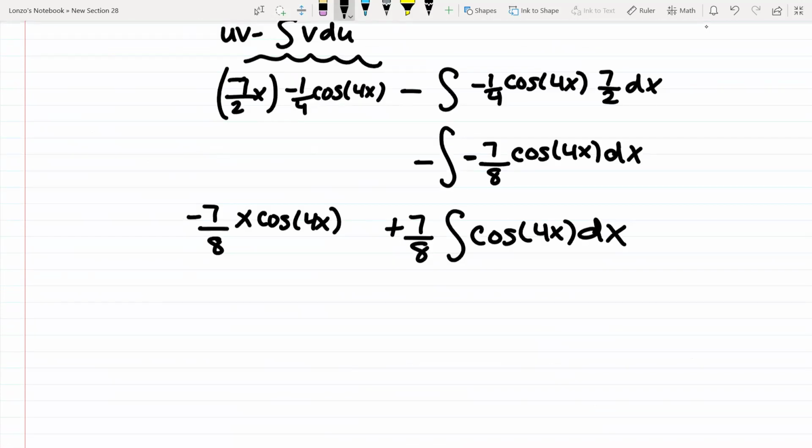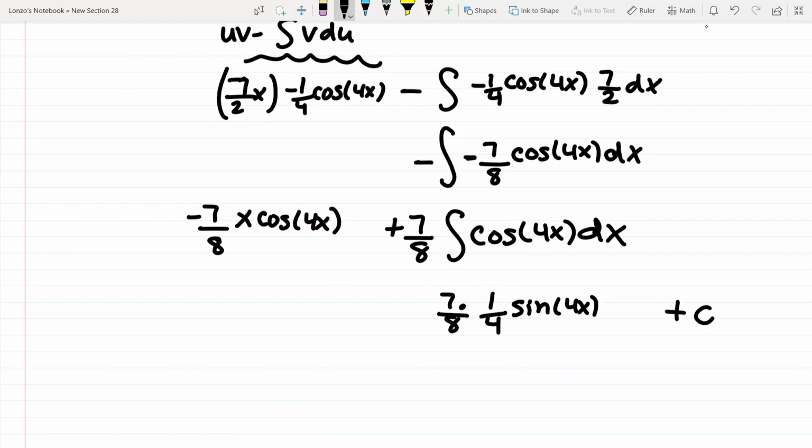The integration of cosine 4x dx is positive 1/4 sin of 4x plus c, and then you also have this times 7/8.